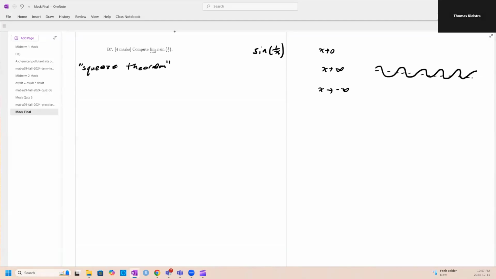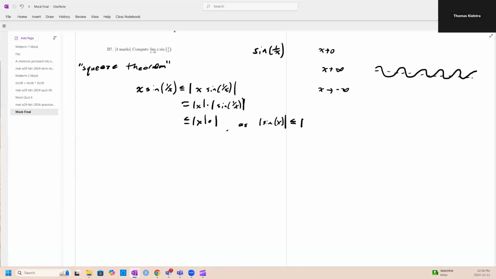limits of the bound. To bound the function, first thing I'm going to do is x sine of 1 over x is less than or equal to the absolute value of x sine 1 over x, which is equal to the absolute value of x times the absolute value of sine of 1 over x, which is less than or equal to the absolute value of x times 1, as the absolute value of sine is less than or equal to 1.